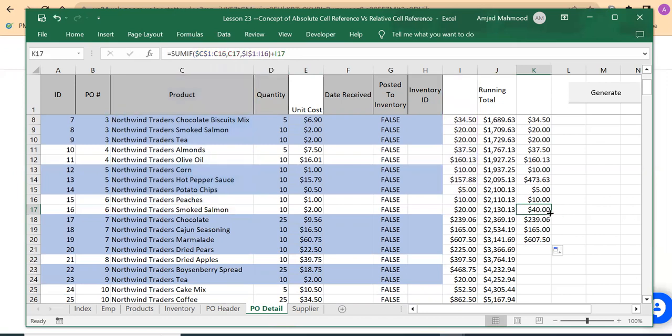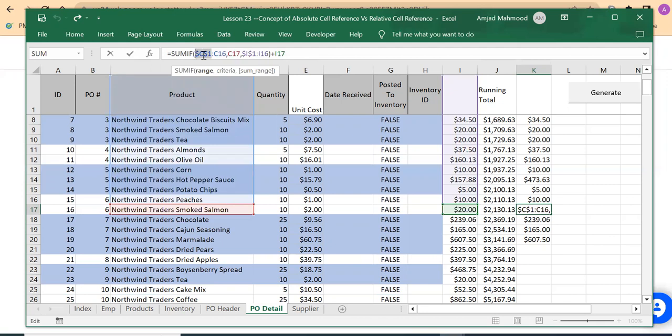So this is the use of absolute addresses. You have to practice it so much, and you have to determine where to use the absolute addresses and where not to use them. Here we do not use the absolute address.